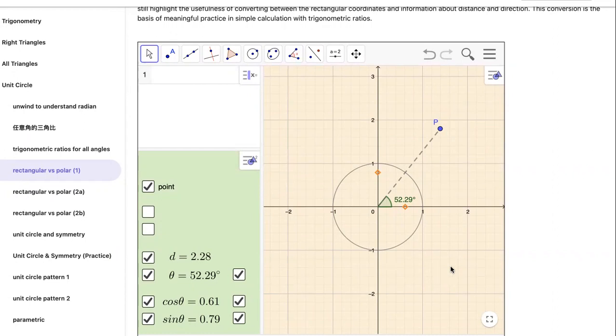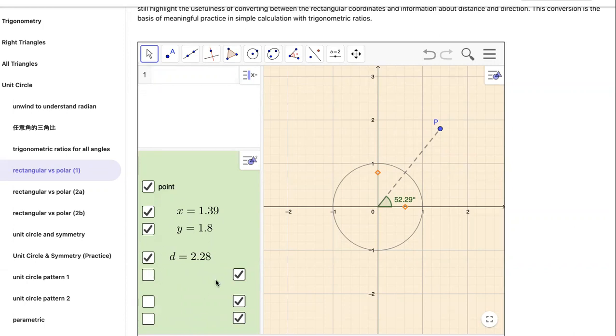But still, you can turn it into a lesson and invite them to try it out on their own in a casual way, and then report to you how far they can find out the x and y coordinates, or maybe how to find out the cosine and sine ratios. For example, based on this information, you should find out the sine ratio and cosine ratio. Can you follow me?